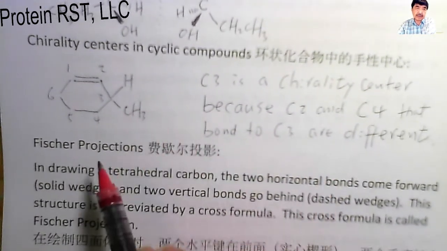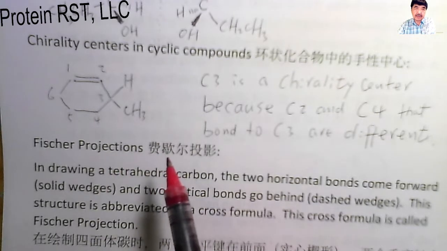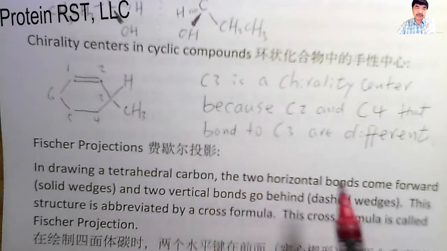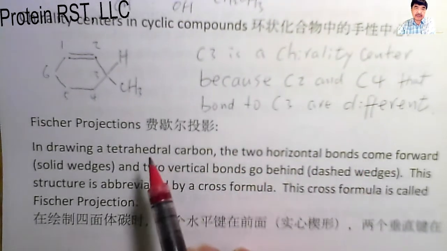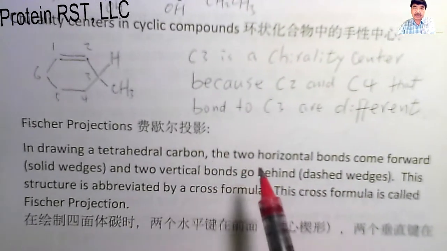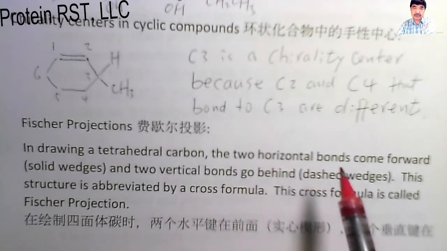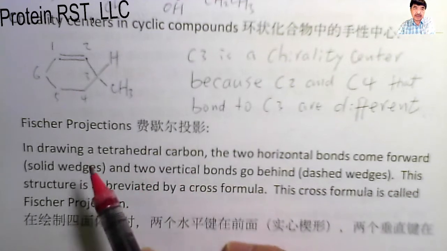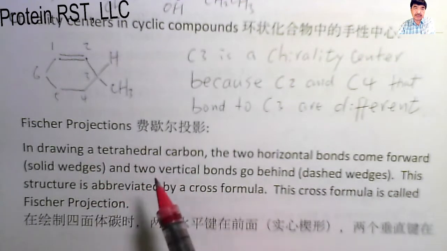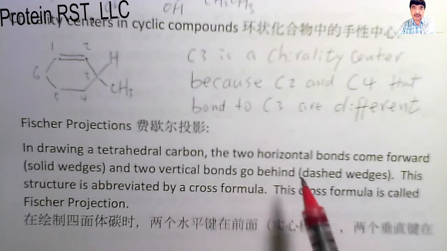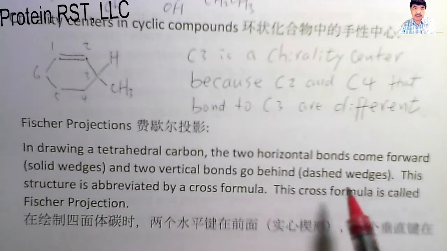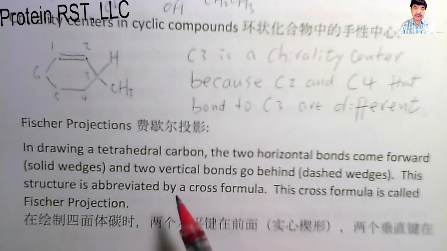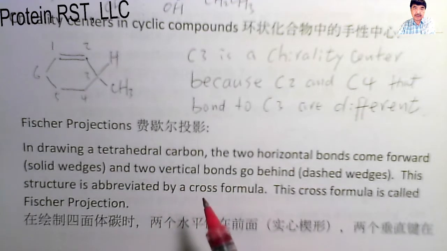Next, let's take a look at the Fischer projection. In drawing a tetrahedral carbon, the 2 horizontal bonds come forward, using solid wedges, and the 2 vertical bonds go behind, using dashed wedges. This structure is abbreviated by a cross formula.